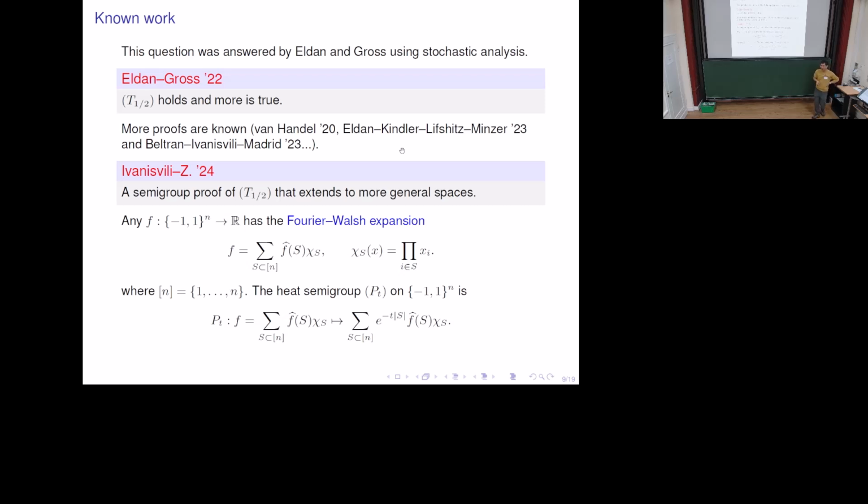Let me emphasize that the key ingredient in this proof was more or less contained in previously known work. But we want to emphasize that this argument actually extends to more general spaces, which I will recall in a second. Before that, do you have any questions?